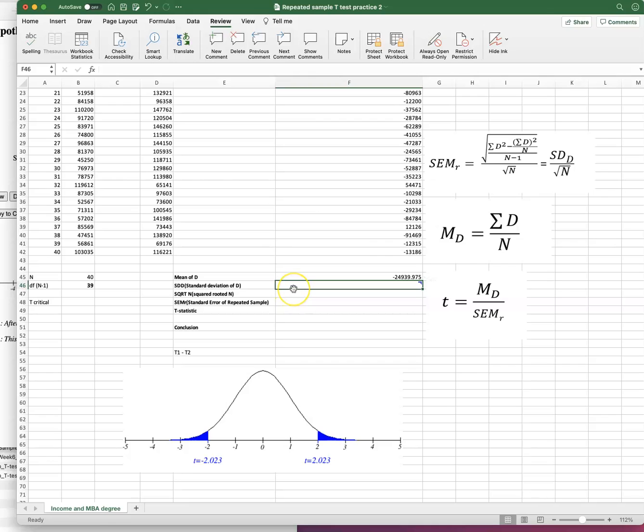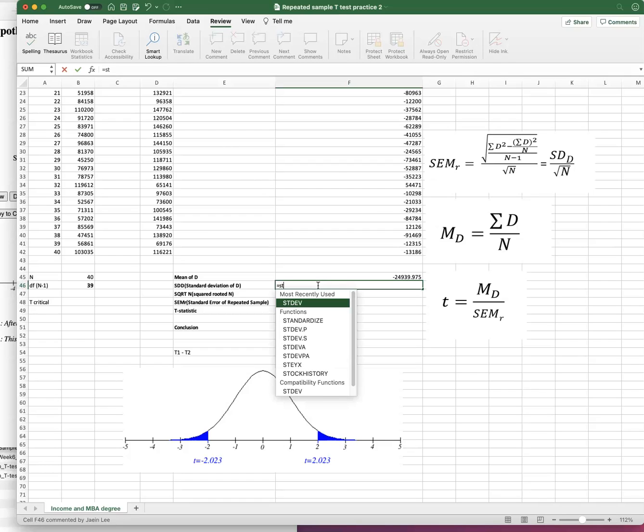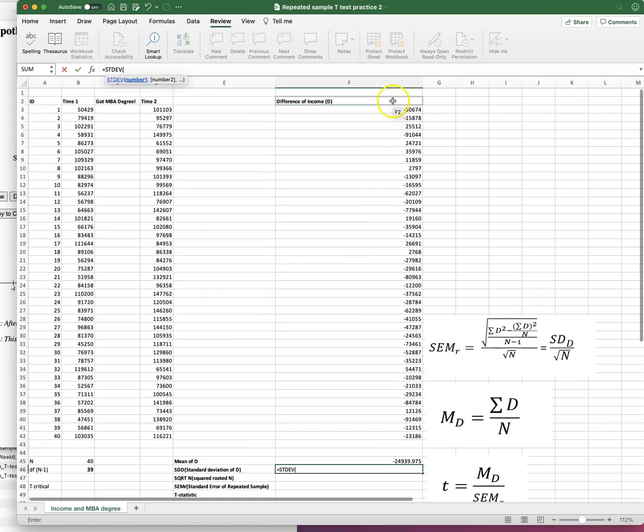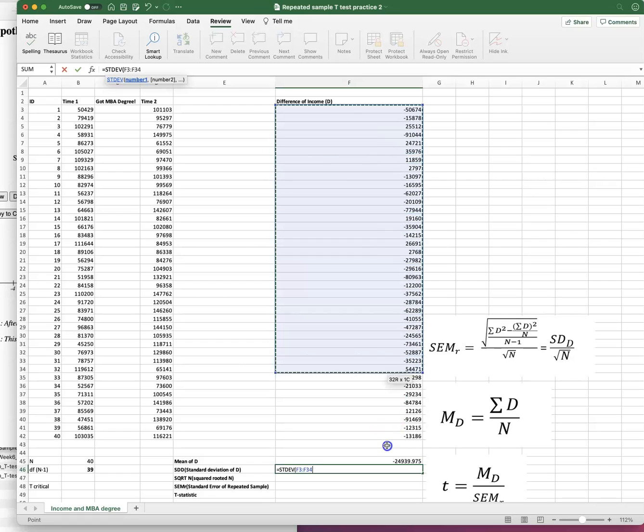Standard deviation of the d is STDEV. So we are not using the population data, so we can just use those numbers.